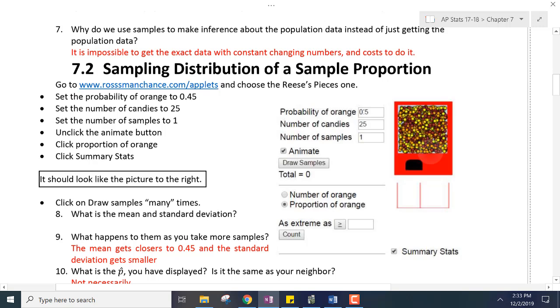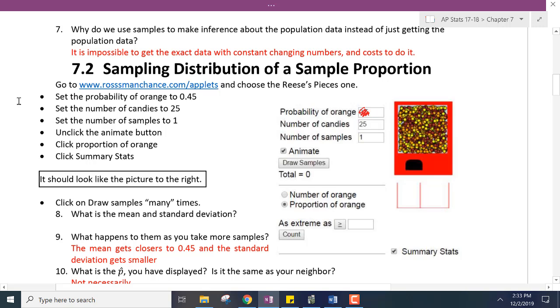It's supposed to be 0.45, but I don't think it looks like that, so I'm just going to erase. So let's leave it like that for now.